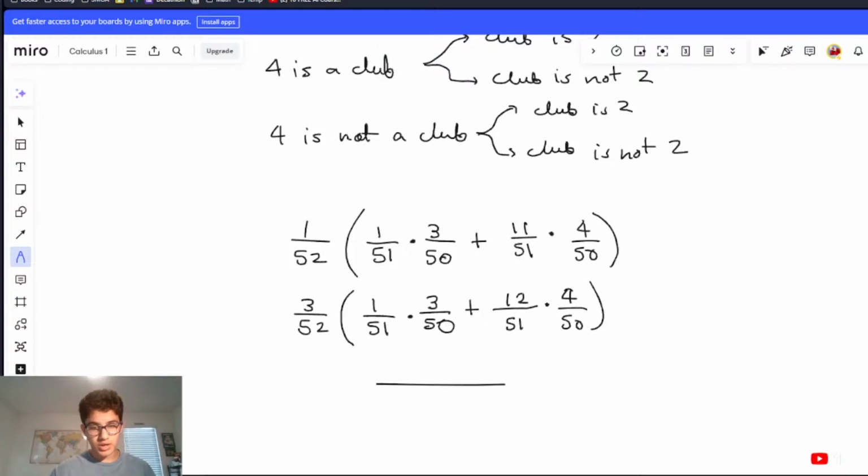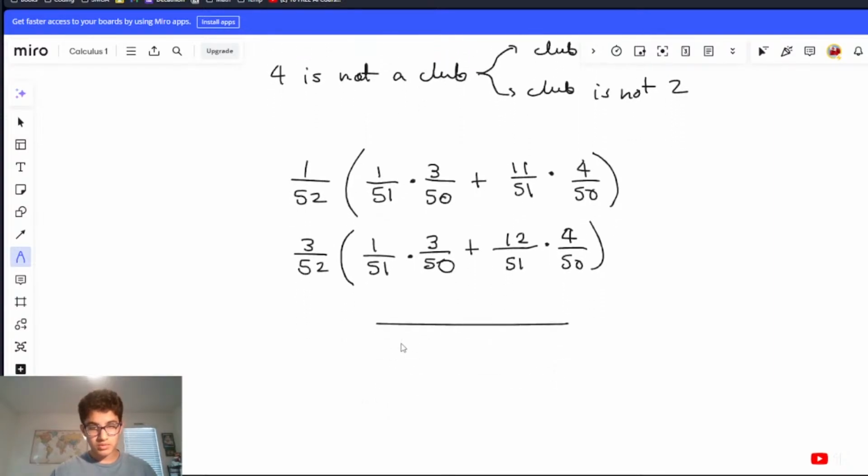Now we have the denominator. Basically the denominator will be 52 times 51 times 50, right? Let's do this one first. It'll be 1 times 1 times 3. So that's 3 plus 44 plus 3 times 3 plus 48. So that's 47 plus 3 times 51. 48.